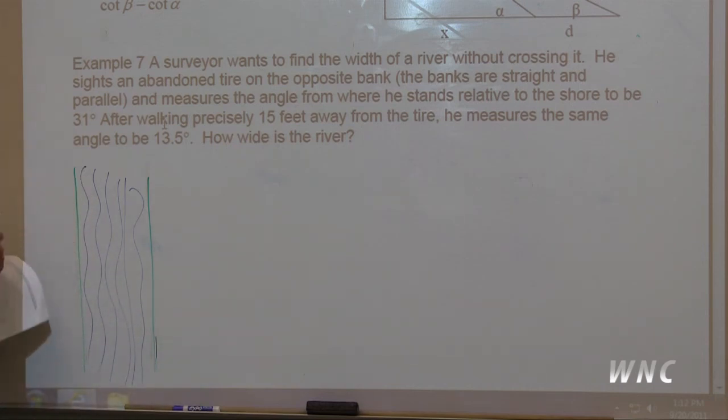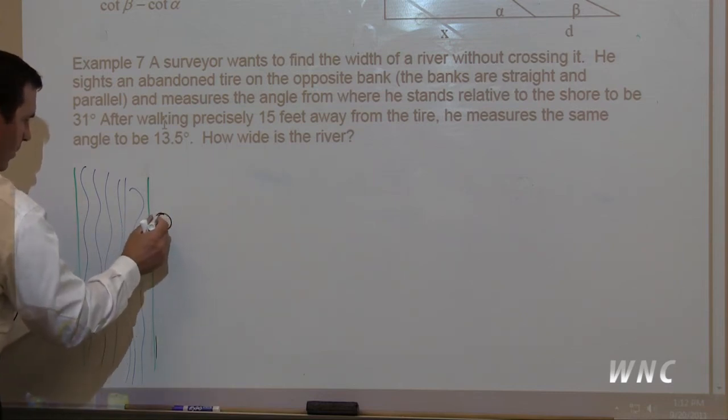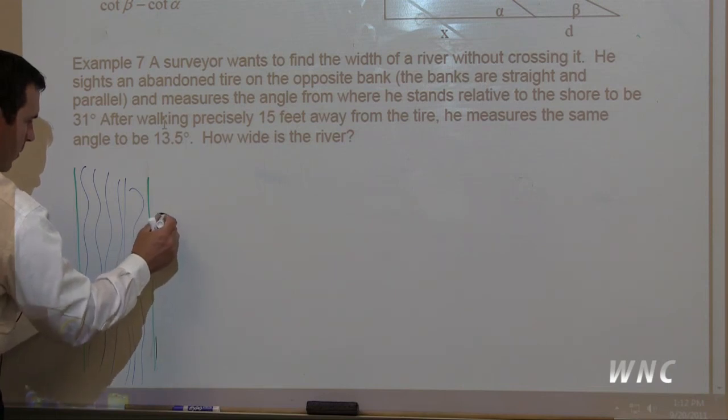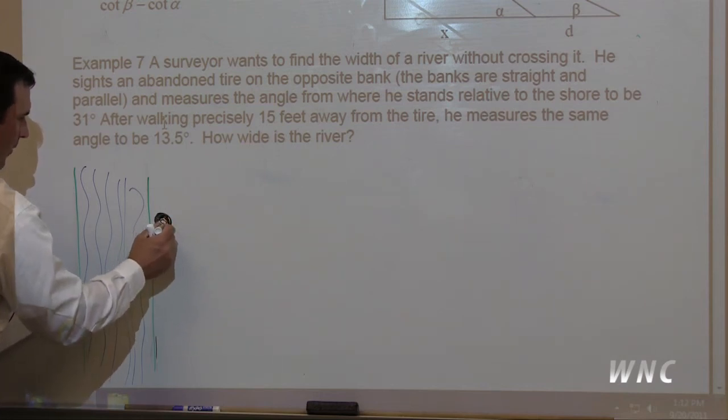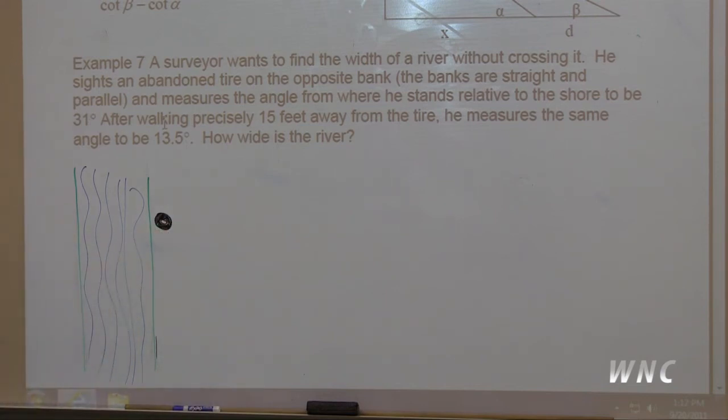On the opposite side, there's a tire. If I was real creative, I'd write Goodyear on here, but I'm not going to.